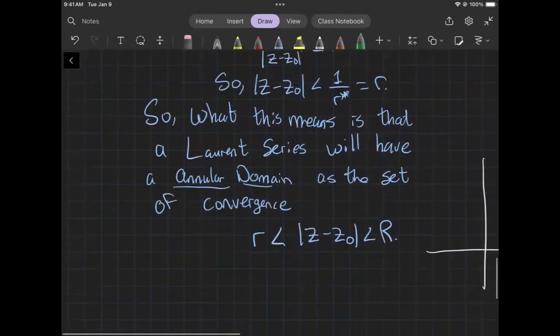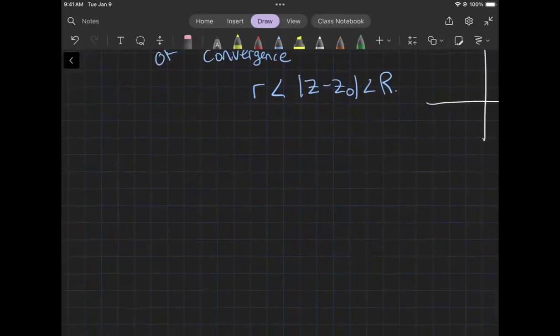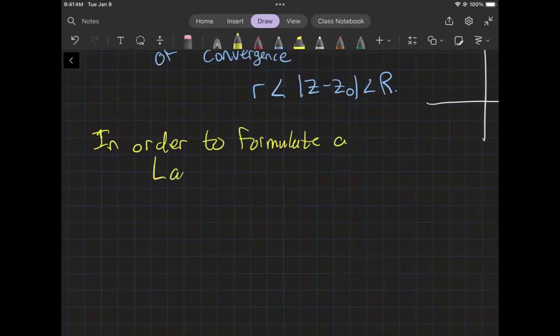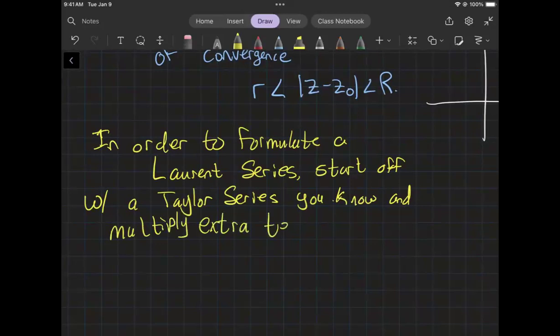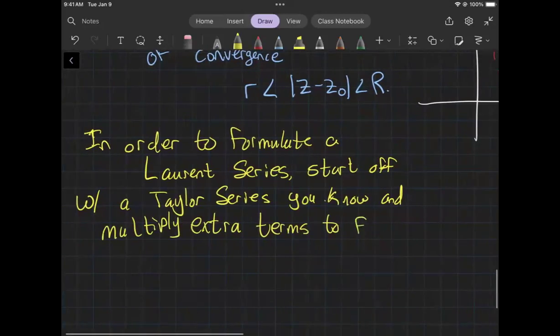In order to formulate a Laurent series, you want to start off with a Taylor series and multiply extra terms to formulate the result.